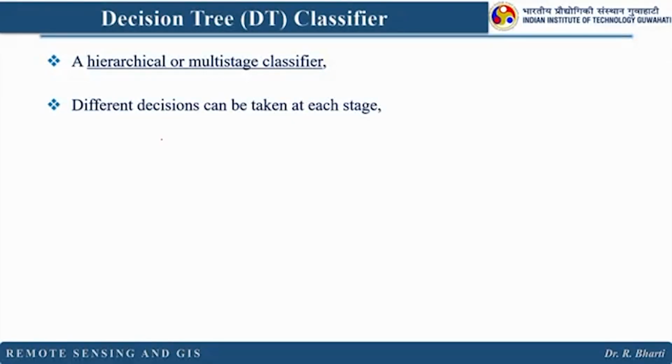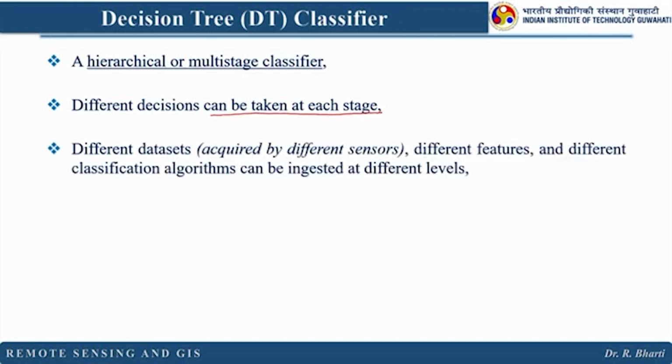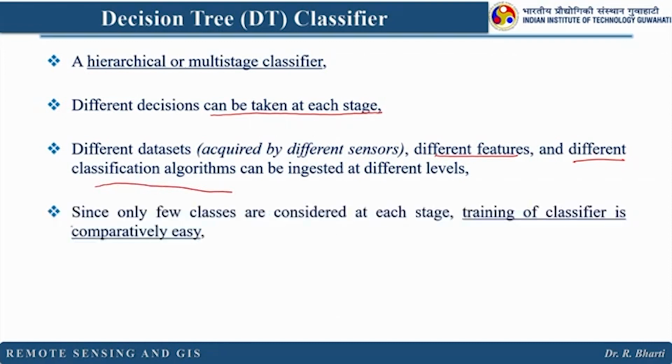So, decision can be taken at each stage, right, and different data sets can be ingested in each of these stages and different features, different classification algorithm can also be changed or ingested time to time, right. Since only few classes are considered at each stage, training of this classifier is comparatively easy.